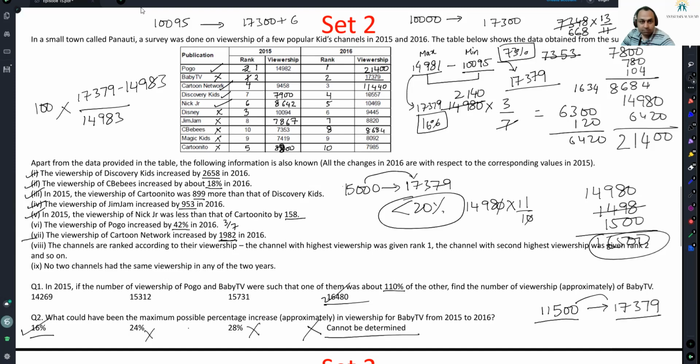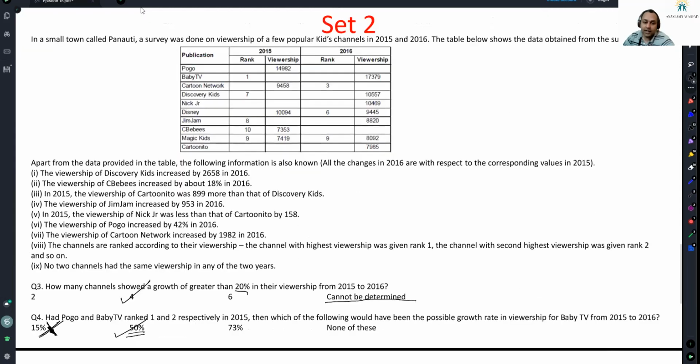I don't want to get into it. I know 50% is definitely getting created. 73%, maybe more than that. I have not checked the calculator for it, but 50% is definitely getting created.